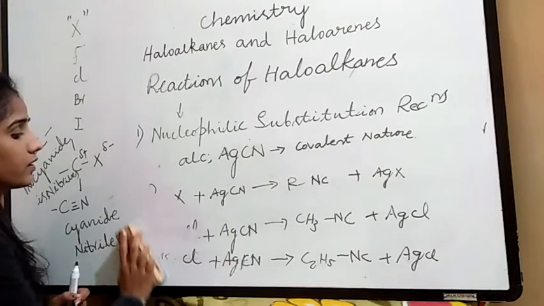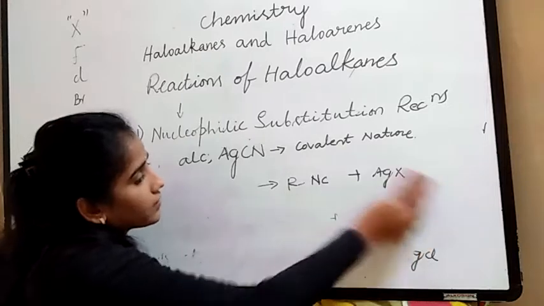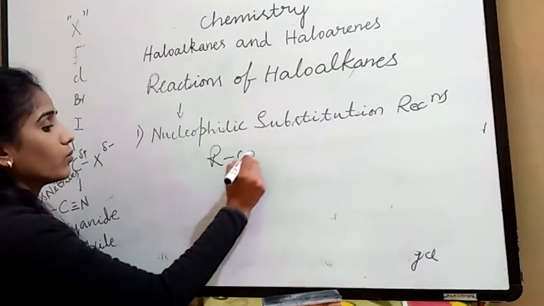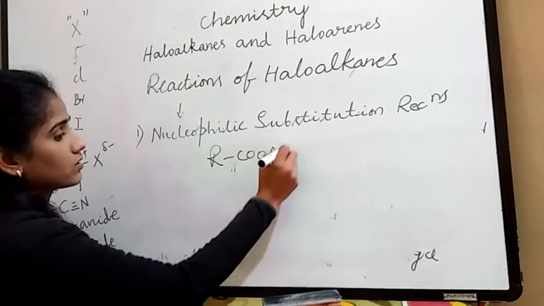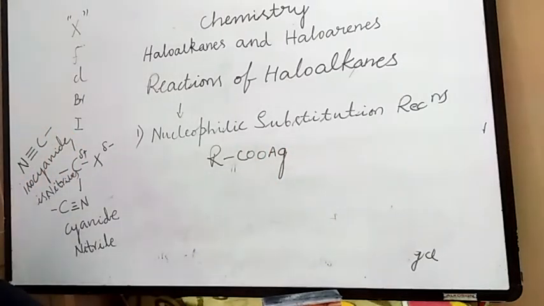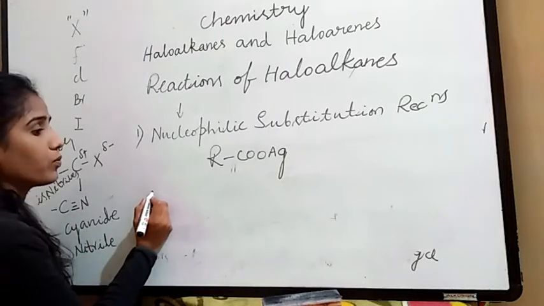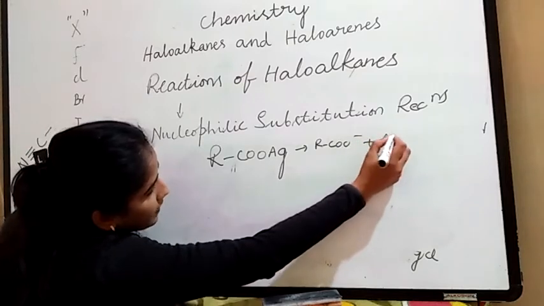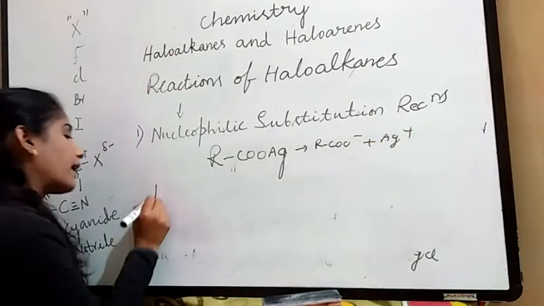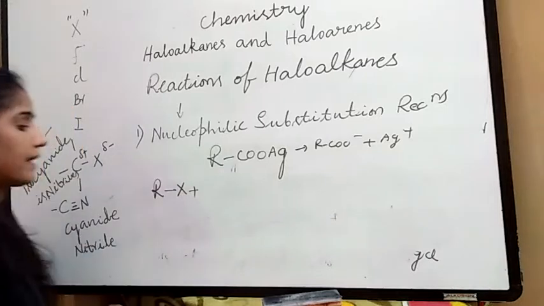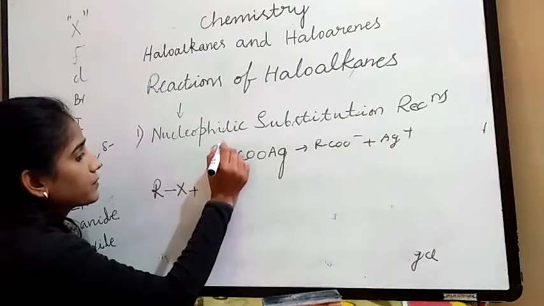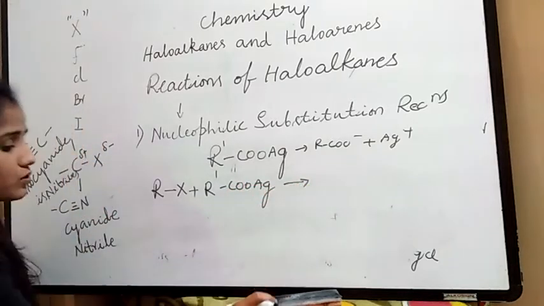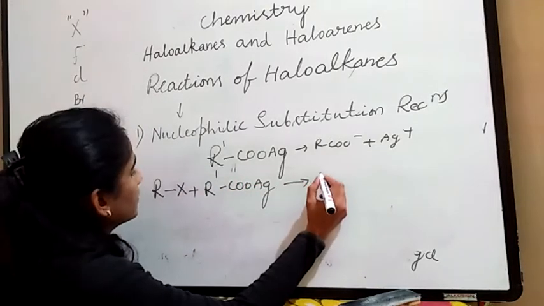The last one is how haloalkanes react with RCOOAg, silver salt of esters. RCOOAg dissociates to give RCOO minus plus Ag plus. So haloalkane RX plus R dash COOAg gives rise to, see, nucleophile.